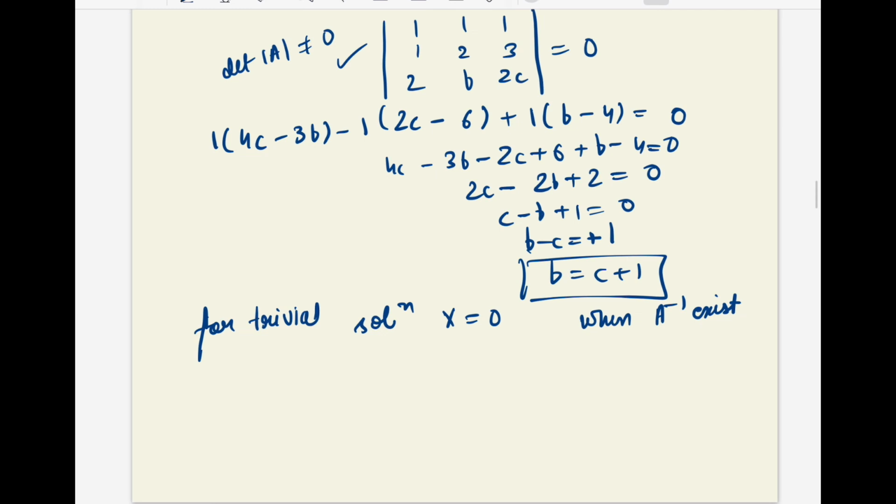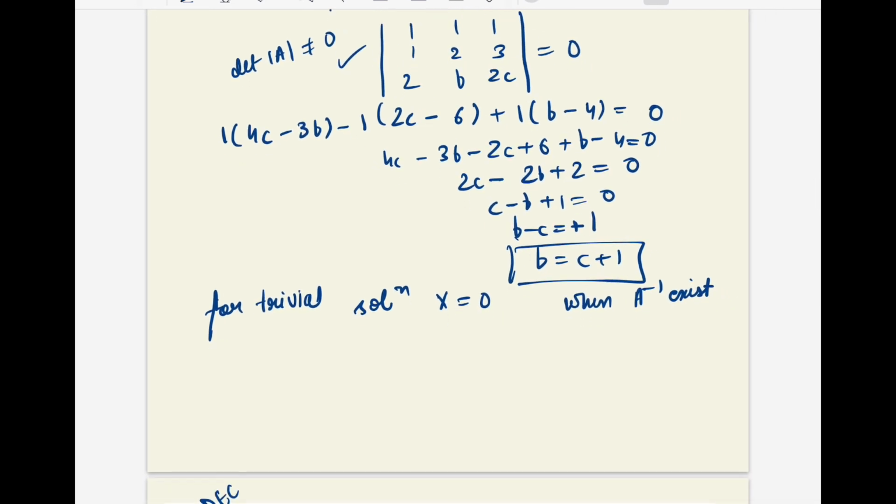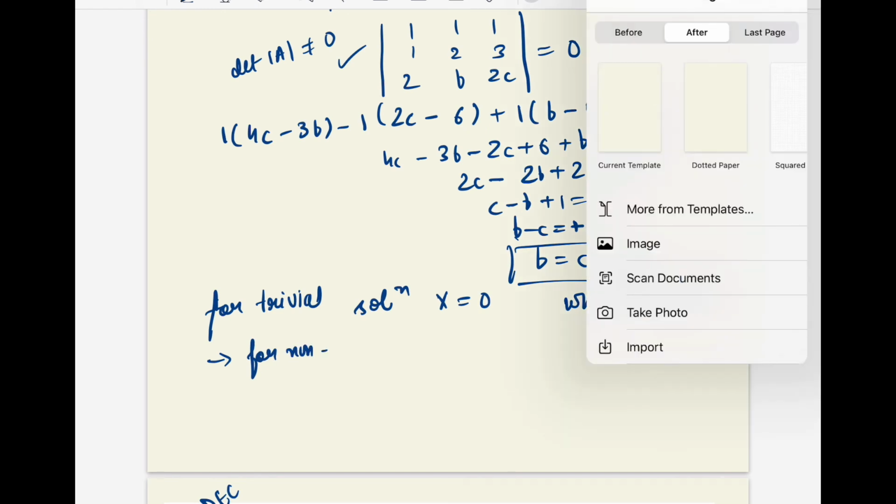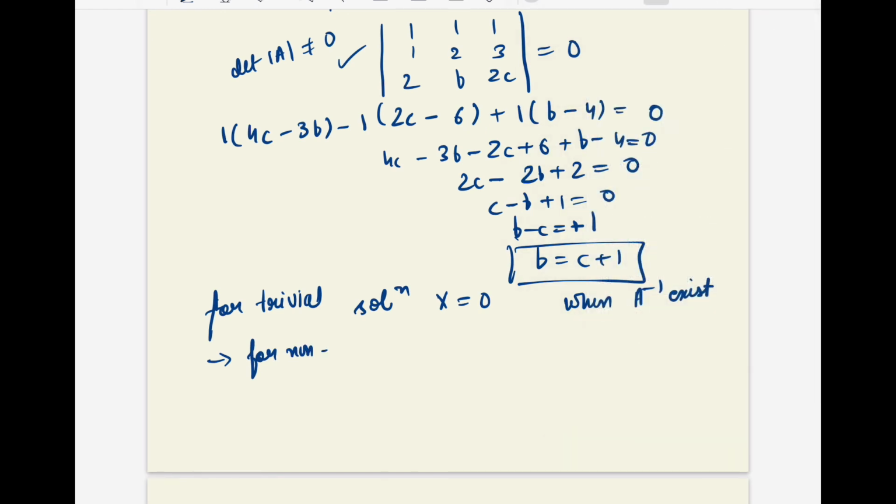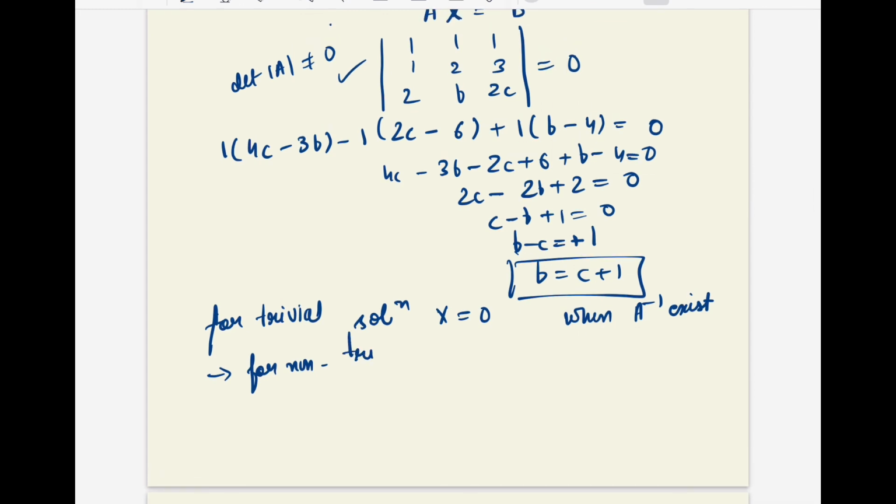Okay, now for a non-trivial solution, x is not equal to 0, which means A inverse does not exist.